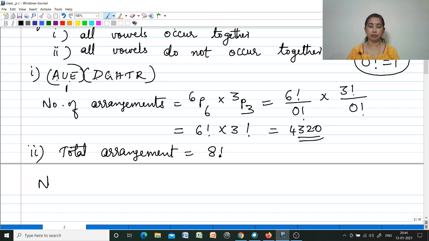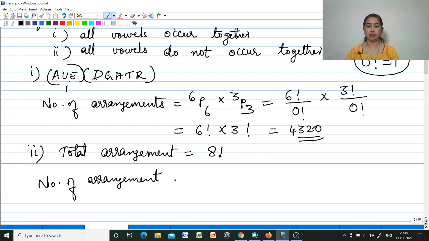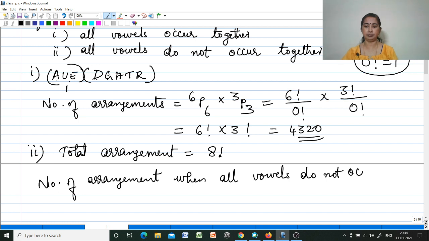So the number of arrangements when all vowels do not occur together is equal to the total arrangement, 8 factorial, minus the case when the vowels occur together, that is 6 factorial into 3 factorial.